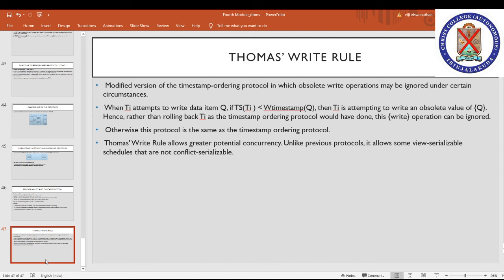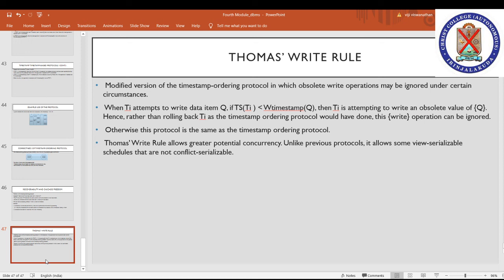That means when Ti attempts to write item Q, if TS of Ti is less than the write timestamp of Q, then Ti is attempting to write an obsolete value of Q. Then, rather than rolling back, it just omits the write operation. The Thomas Write Rule allows greater potential concurrency, and it allows some view serializable schedules that are not conflict serializable.